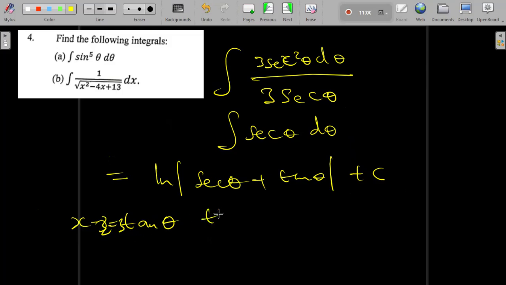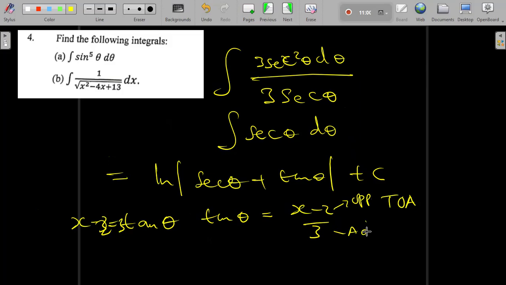So making tan theta the subject, x minus 2 divided by 3. When I divide by this 3, I just remain with tan theta. So the tan is just opposite over adjacent. So this here is the opposite, and that there is the adjacent.